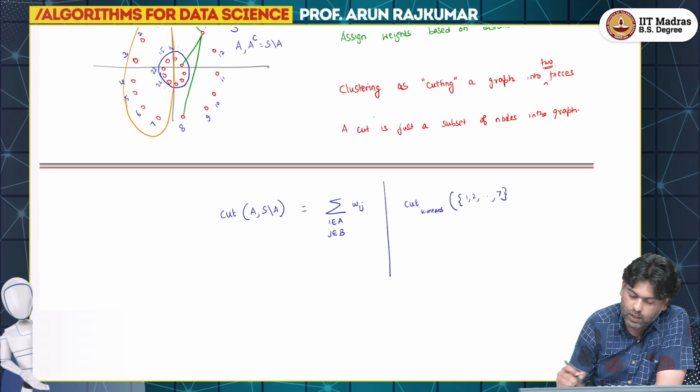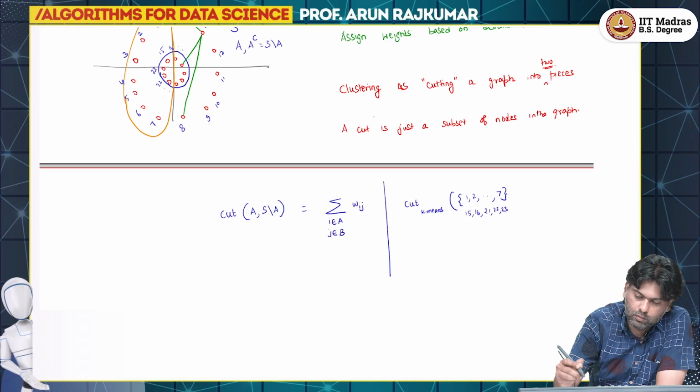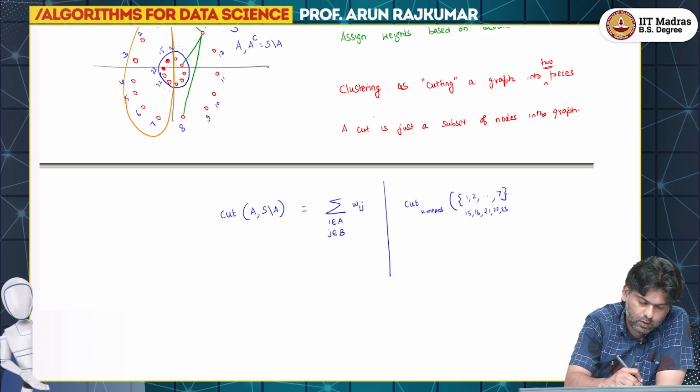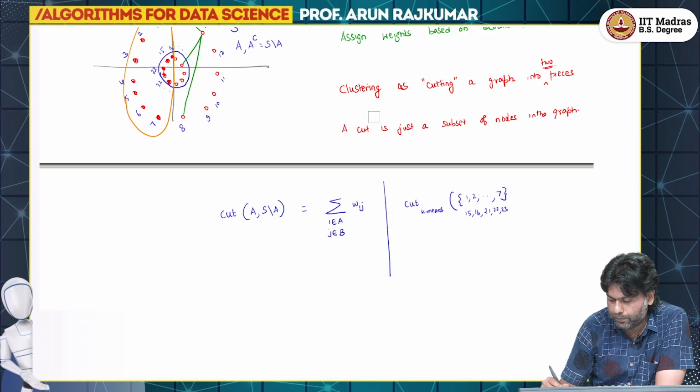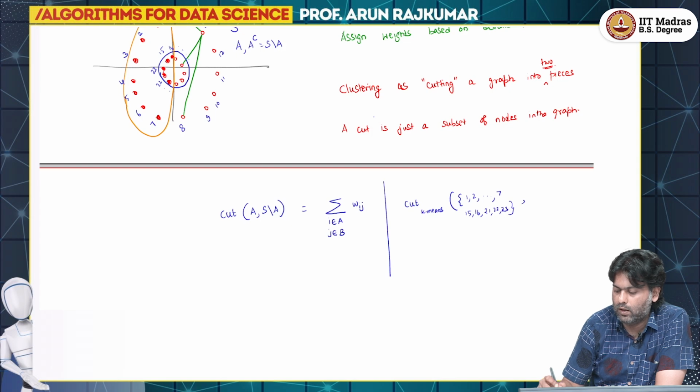In addition to that, we will have 15, 16, maybe 21, 22, 23. So those would be the set of points which defines the cut, and then we have the remaining, right. So 8 to 14, 17, 18, 19, 20, right.